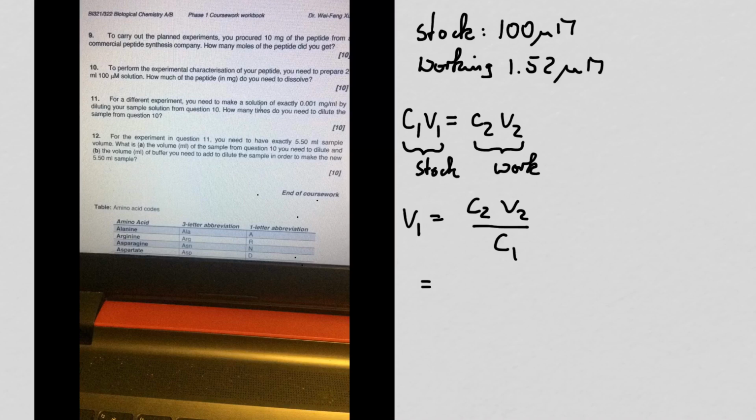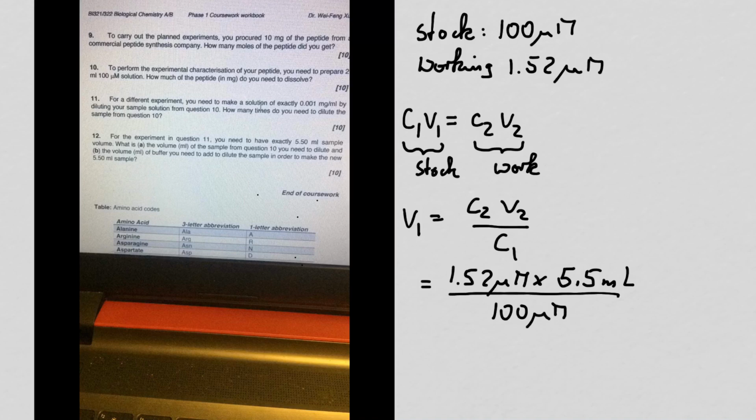So here we have C2, that is our working solution, 1.52 micromolar times 5.5 milliliters divided by 100 micromolar.